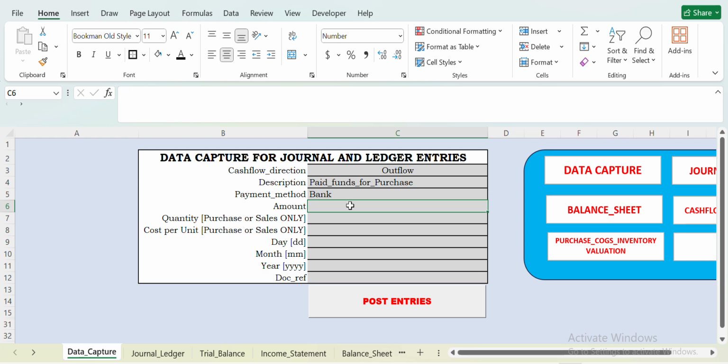The amount is 10 million naira. The quantity purchased, let's assume is 100,000, and the cost per unit is 100 naira. Let's assume this took place on 3rd of January 2026.